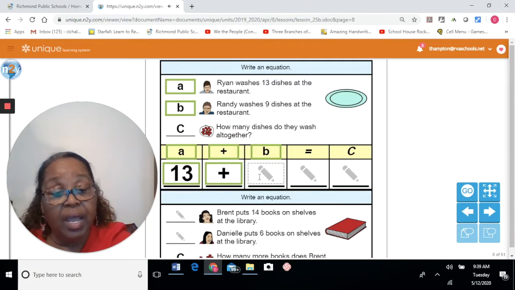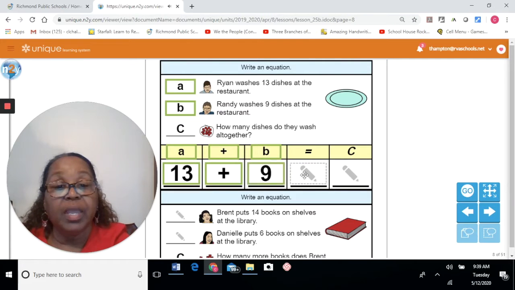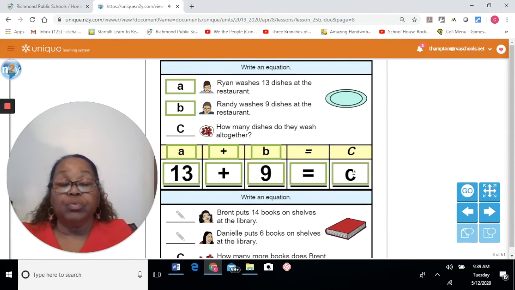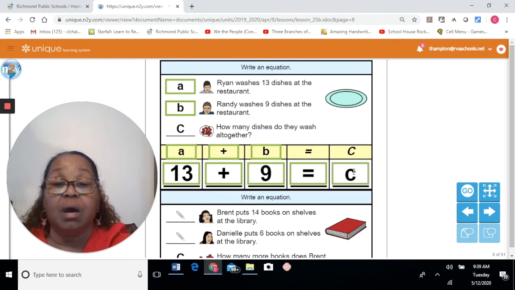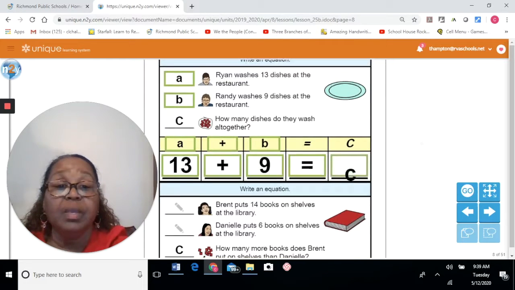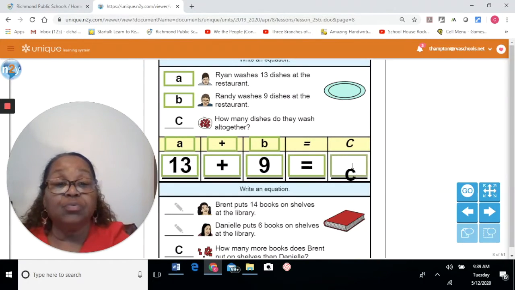B is 9. And that will equal C, which is unknown. We are trying to solve for C. That is the way our equation will read. Now we're going to be able to solve the equation. All right, so that is writing the equation.